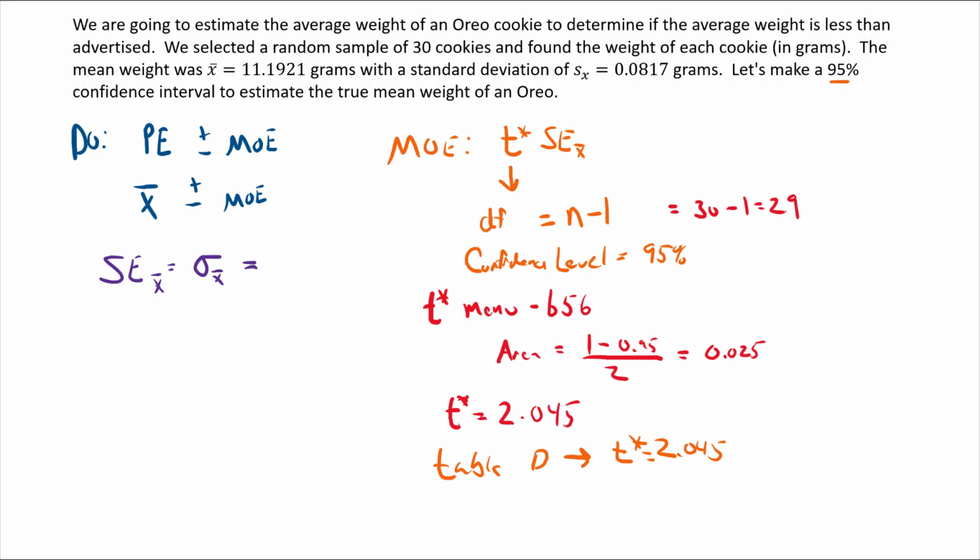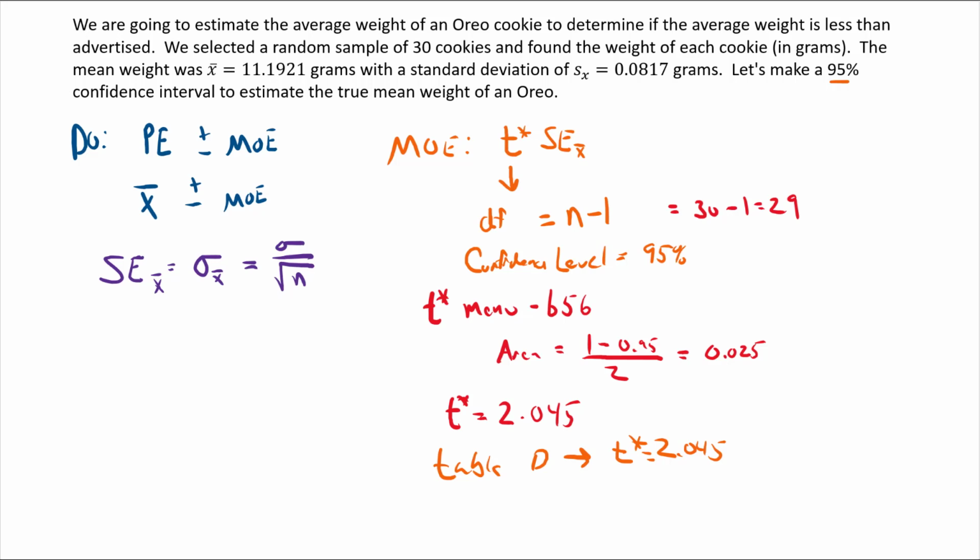To calculate that, we're going to take the standard deviation that's given to us and divide by the square root of our sample size, which you guys have played with already in previous lessons, but now we're classifying it as our standard error to calculate our margin of error, okay?